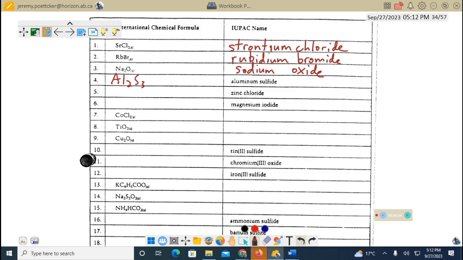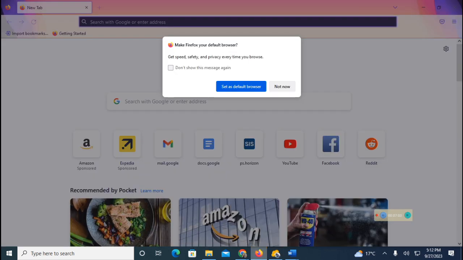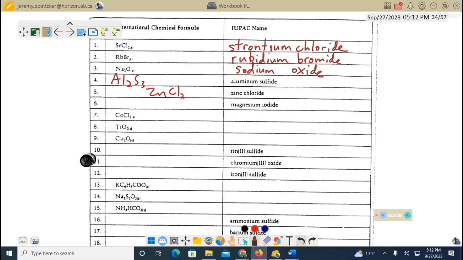Sulfide. Zinc chloride. That's a ZnCl2. Sorry, my computer's being silly here. We've got magnesium iodide. And then we've got cobalt Roman numeral 2 chloride.